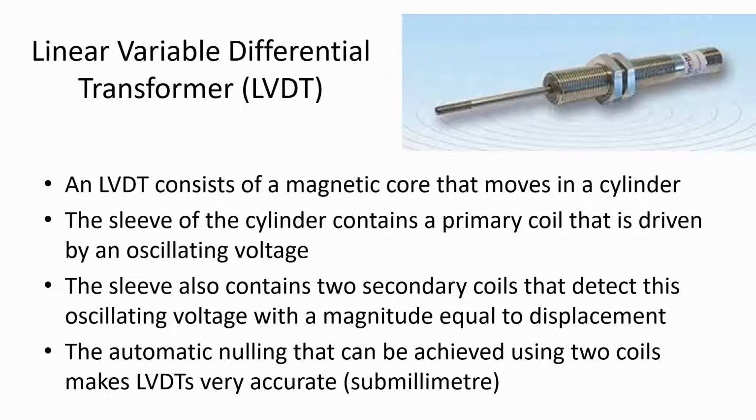The differential arrangement that can be achieved using two coils makes the LVDT very accurate. Based on the movement of the magnetic core, the output varies. That is how we measure the displacement.